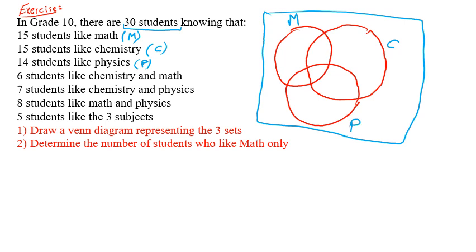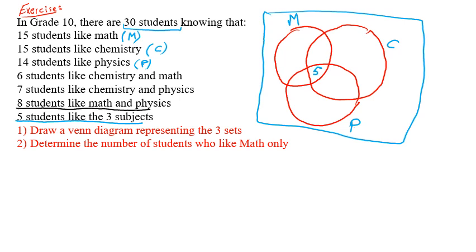We always start with the intersection between all sets. He said that 5 students like the 3 subjects. Here we have the intersection between the 3 sets, which is 5. Then 8 students like math and physics. Where is the intersection between math and physics? Here math and here physics.